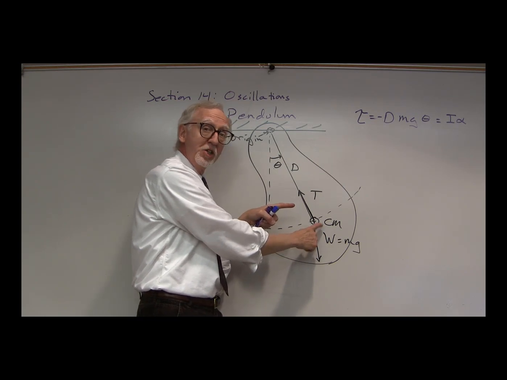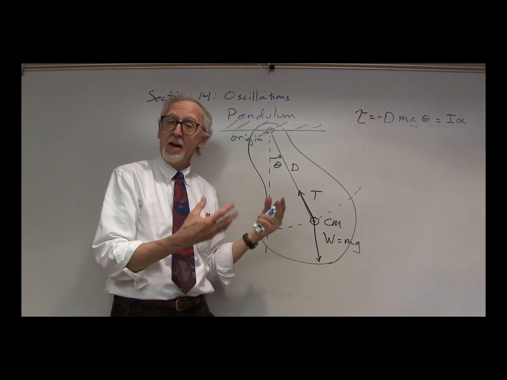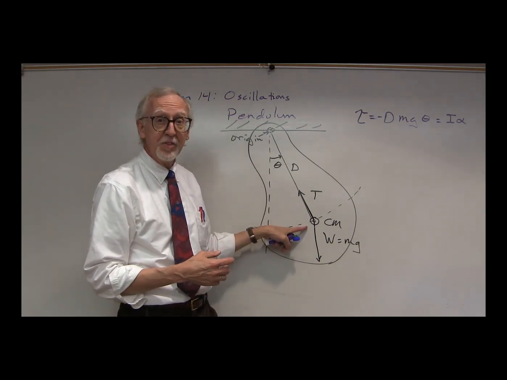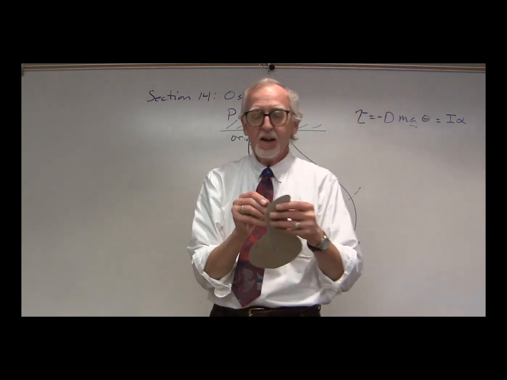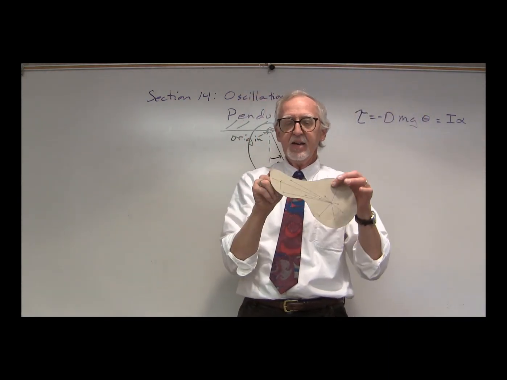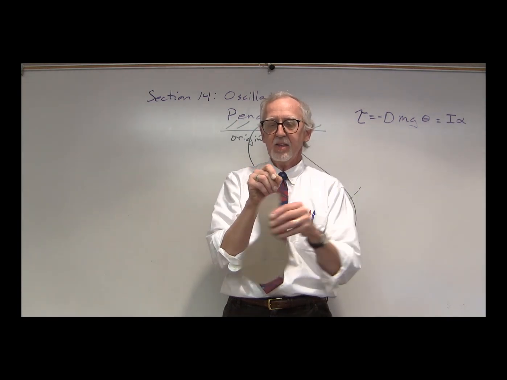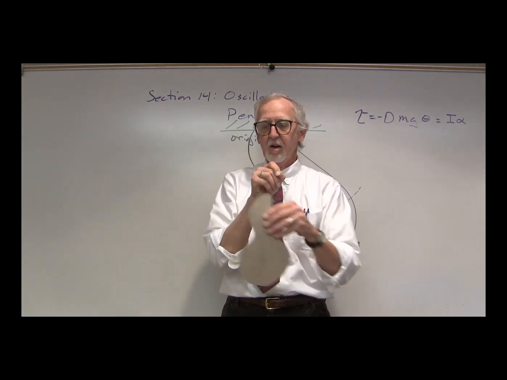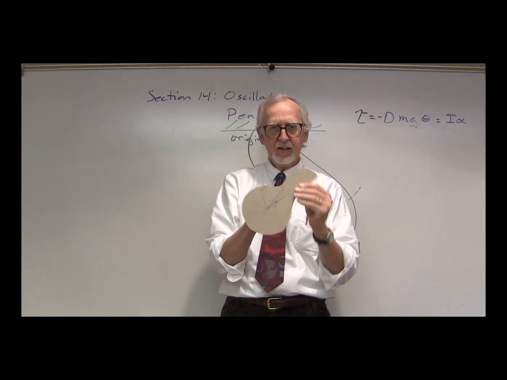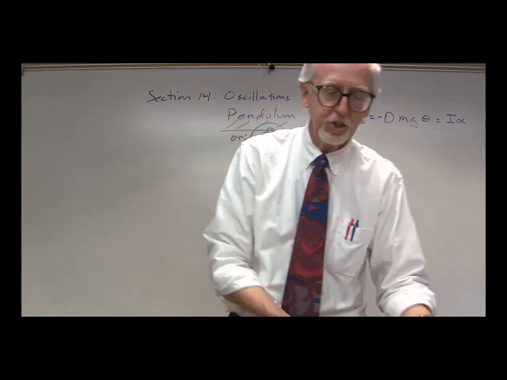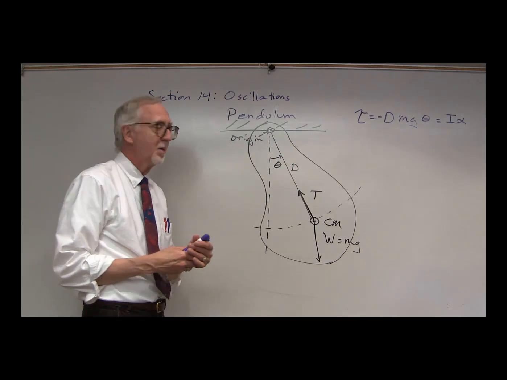So the moment of inertia is not just md squared, it's going to be larger than that by an amount of the moment of inertia about the center of mass. The idea is that if this thing is rotating like this, we can think of that as two motions. It's going like this, but also like this, rotating about the center of mass, like this. So there's two parts of the moment of inertia that have to be taken into account. That's what makes this a little bit more complicated.